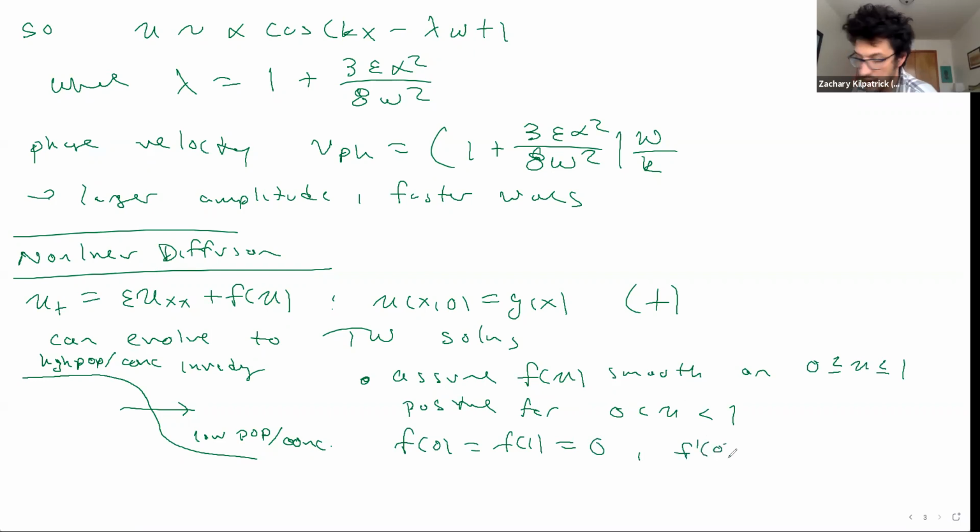F prime of 0 is greater than 0, and f prime of 1 is going to be less than 0, okay? So if you want to have a specific function in mind, let's take the quadratic u times 1 minus u, okay?